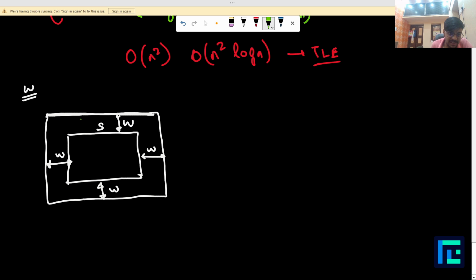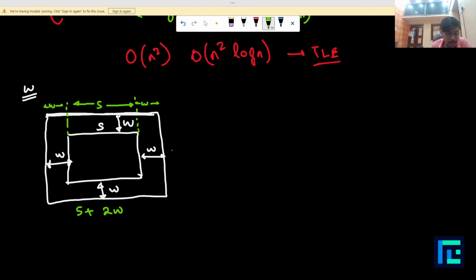Do you agree that this side length is nothing but, if I just expand it a bit, then this is S, this is W, and this is W. So don't you all agree that the side length is nothing but S plus 2W? If the side length of the picture was S, then the side length of the cardboard is S plus 2W, and it is the same for all the sides. Isn't it? So the entire side length is S plus 2W.